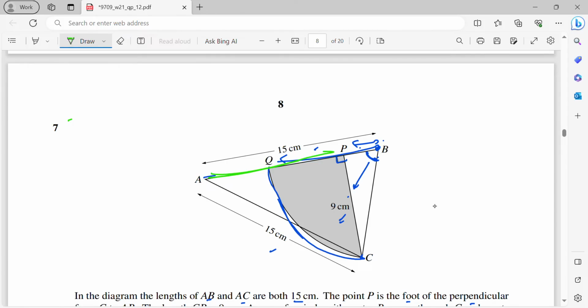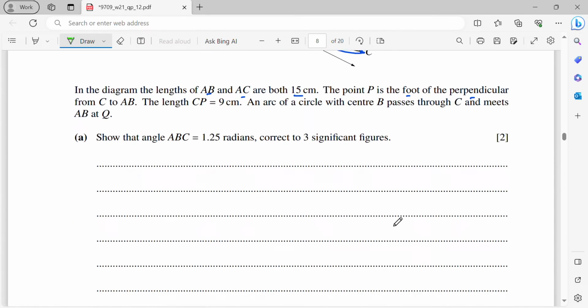This is a triangle. It is a right angle triangle. Then I can use the Pythagoras theorem to find the AP. What is my AP? So I refer to the triangle. This is my AP.